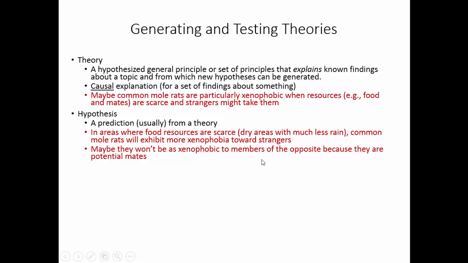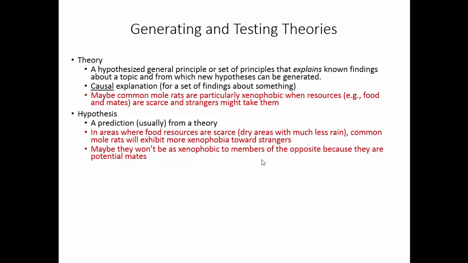So a hypothesis, again, is defined here as a specific prediction, usually generated from a theory, logically derived from a theory. Two predictions came out from that thinking that the purpose of xenophobia is to protect precious, limited resources.